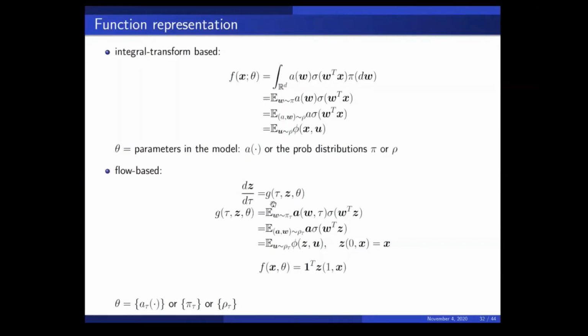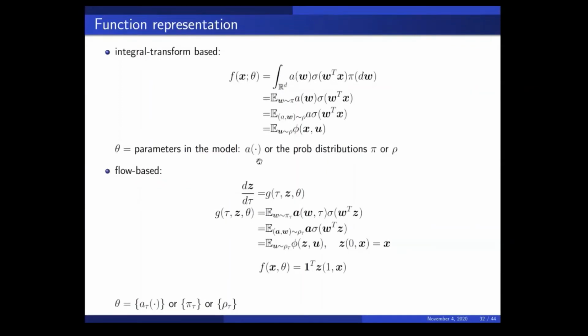One possible choice of the right-hand side G is to choose G based on this form of representation. It seems to come out of the blue, but we'll see later that it actually arises very naturally.